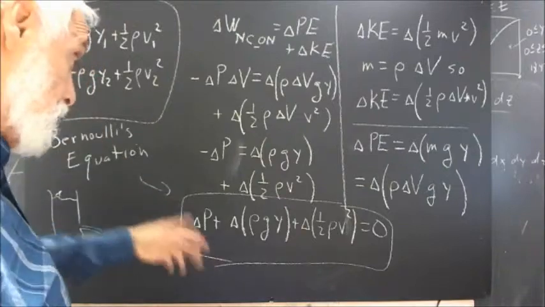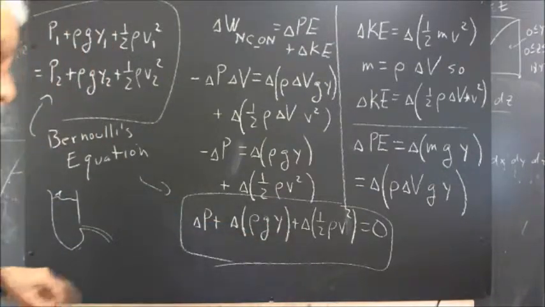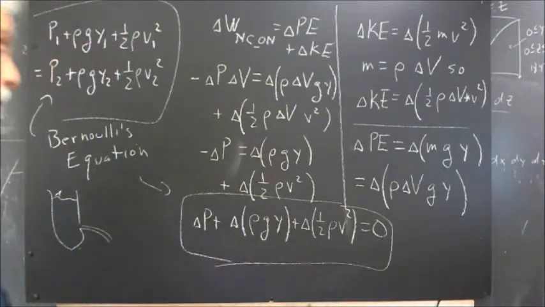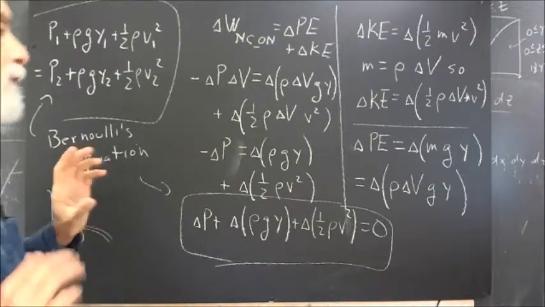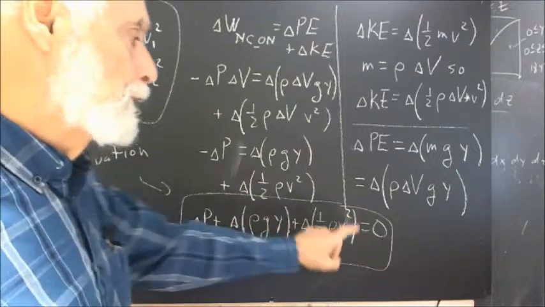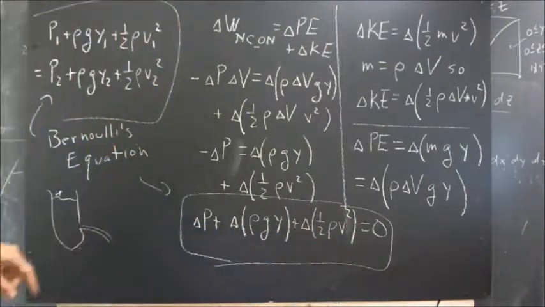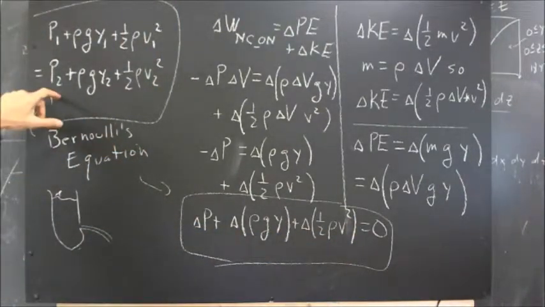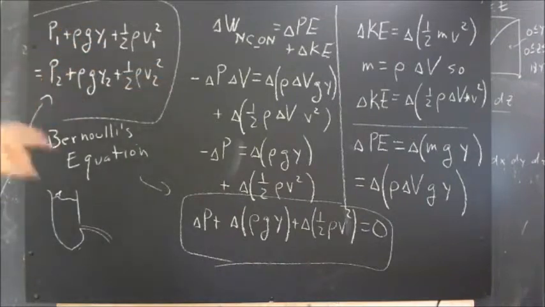The atmospheric pressure varies all the time, which varies the density of the air. Okay, but for the case where the only variables are pressure, altitude, and velocity, then we have a pressure 1, a pressure 2, and we very easily get this equation from this equation. Okay, and that's also called Bernoulli's equation.